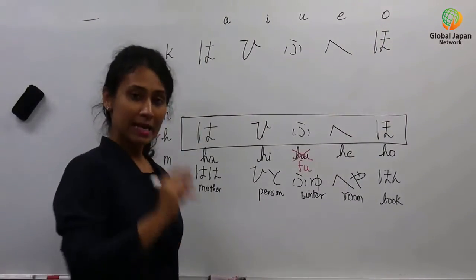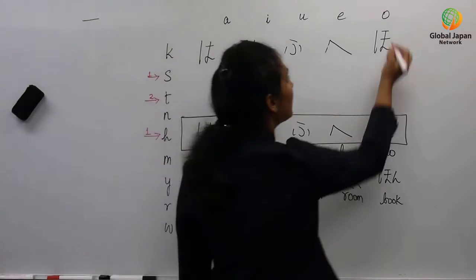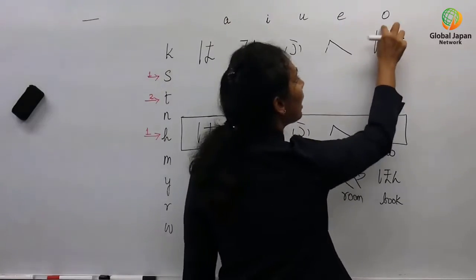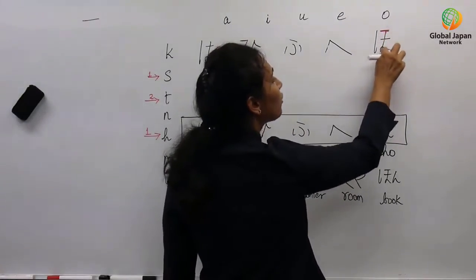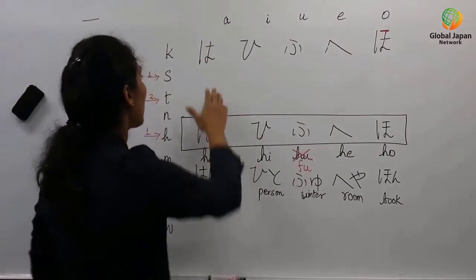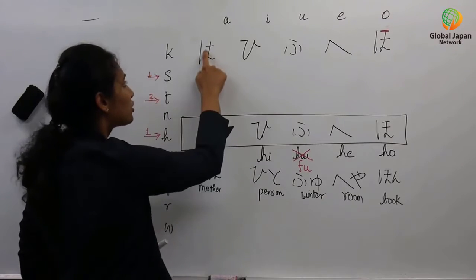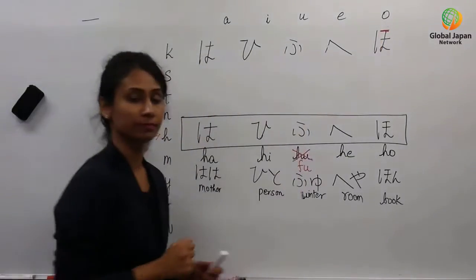Second thing, when you notice ho, the first horizontal line is on top, and below that only the L is drawn. So ha and ho is nothing but a line with an L. If only 1 dash is there, it's ha. If 2 dashes are there, it is ho.